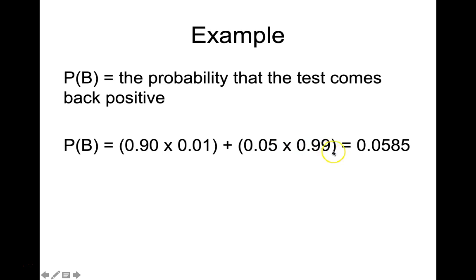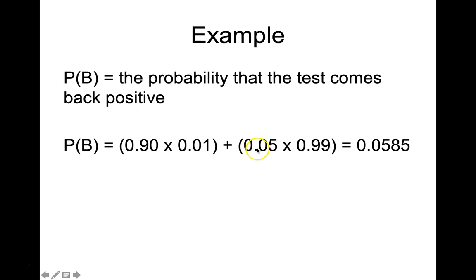Now, 99% of the time when you give this test, the person will not have COVID-19, because 99% of the population at any given time does not have COVID-19. But 5% of the time, when you give that test to someone without COVID-19, the test will come back positive for COVID-19.